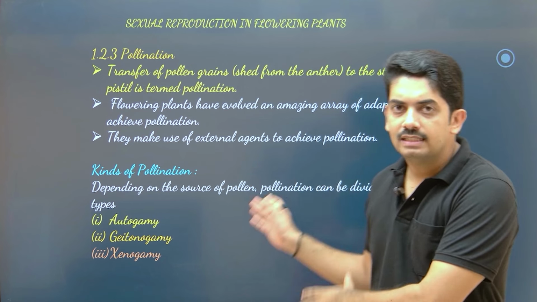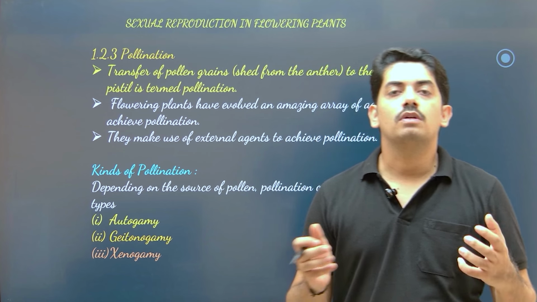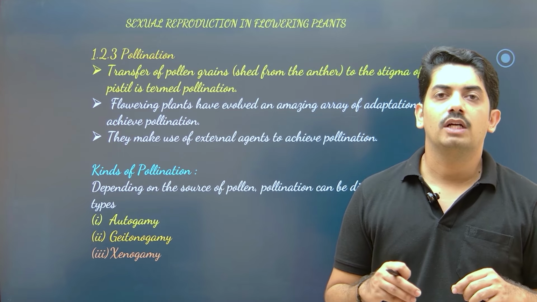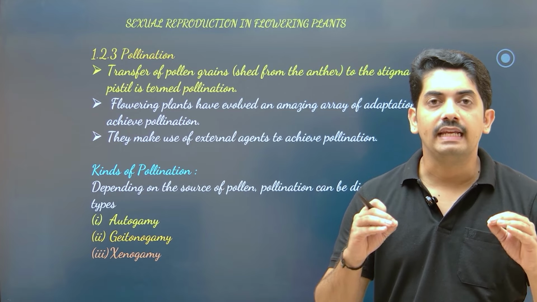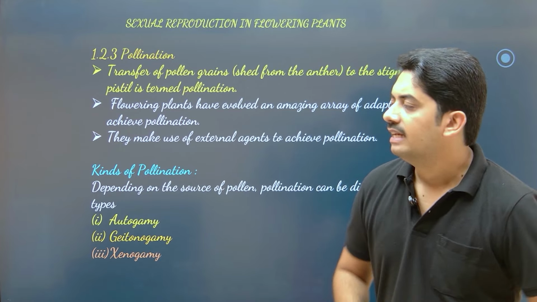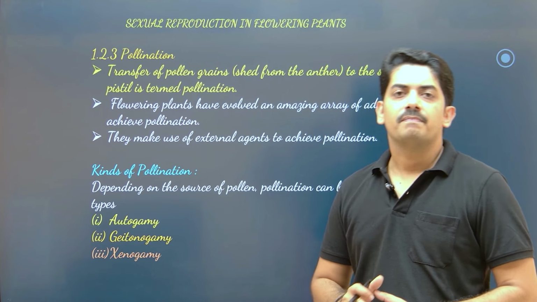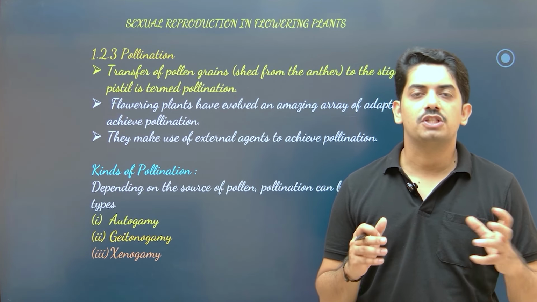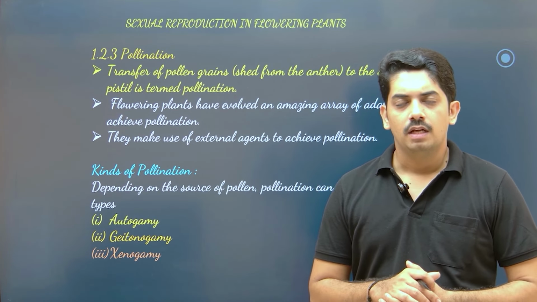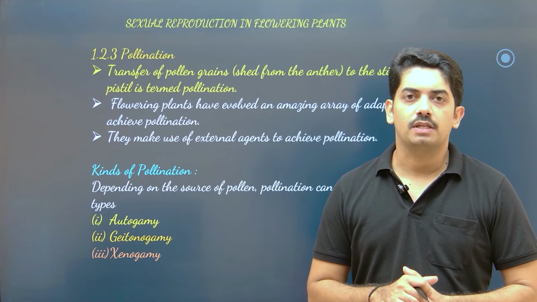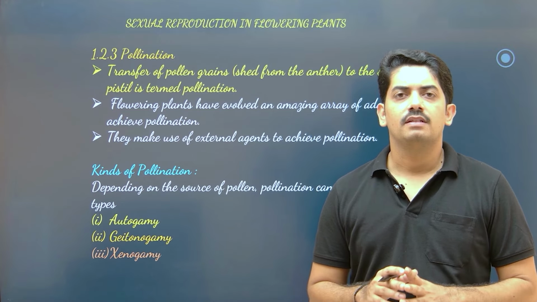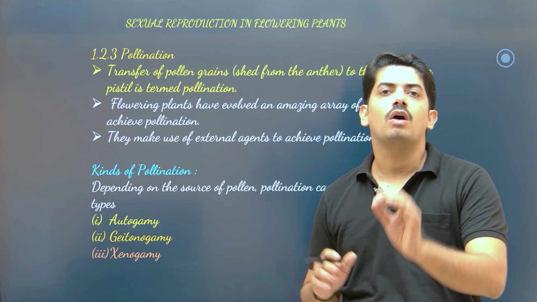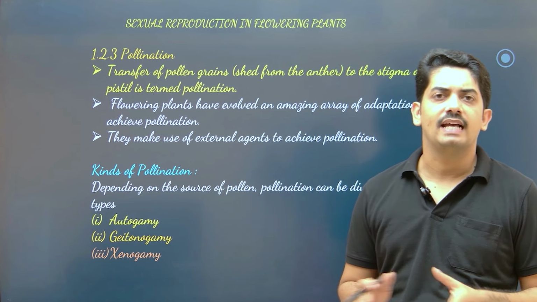Now this is the advanced plant. How these 2 gametes come in contact and undergo fertilization is a very interesting concept. Here, pollination is the process through which the male gamete can reach the female gamete. Now what is the definition of pollination? It's very simple. Transfer of pollen from the anther to the stigma of the flower is called pollination. As simple as it is.